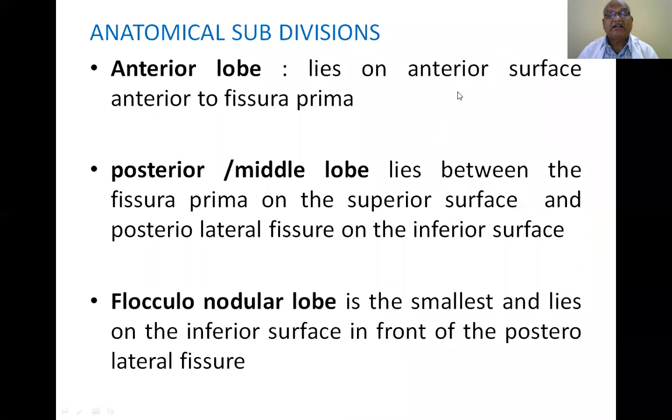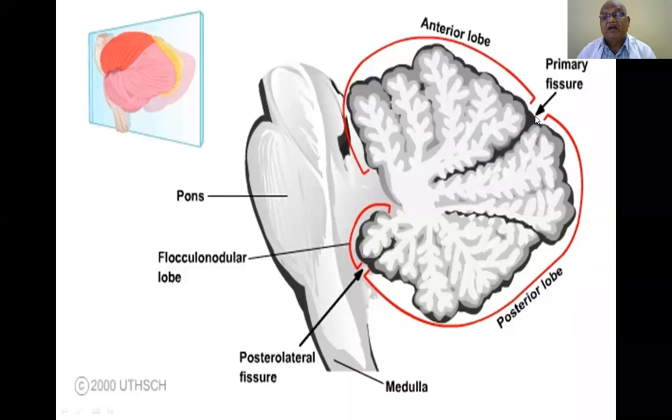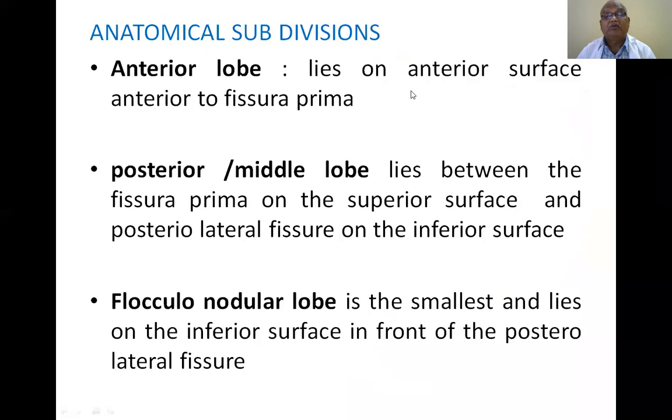The anterior lobe lies anterior to fissura prima, the primary fissure. The posterior or middle lobe lies between fissura prima on the superior surface and the posterolateral fissure on the inferior surface.